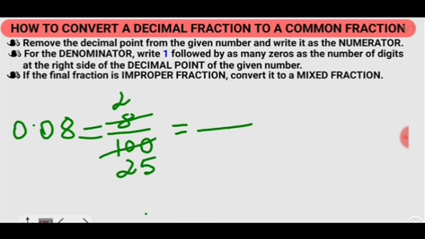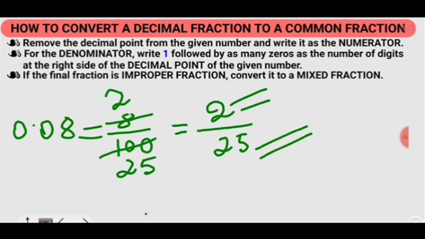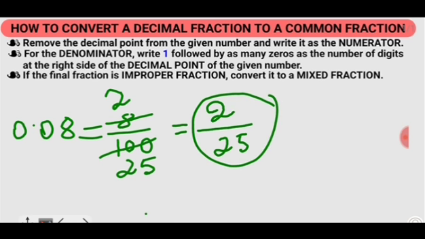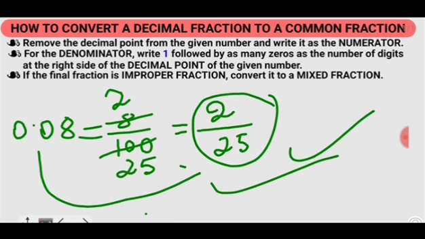So the numerator is 2 by 25. This is our answer, and this is a proper fraction. Why? Because the numerator is less than the denominator. Numerator is less, denominator is more, correct? So that's why this is a proper fraction. If it is a proper fraction, the answer is finished here. Your solution is over. 0.08 is equal to 2 divided by 25, this fraction.